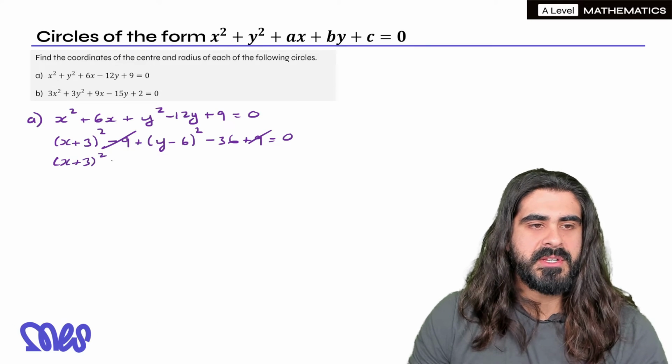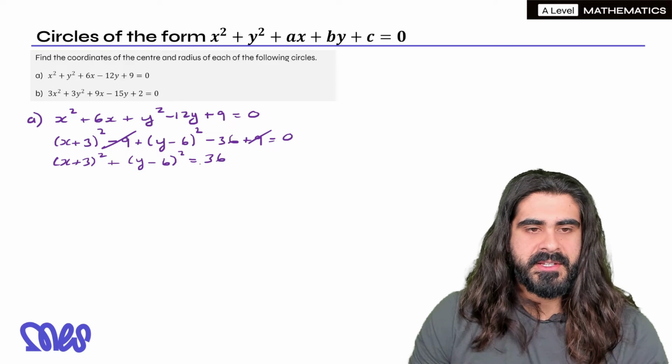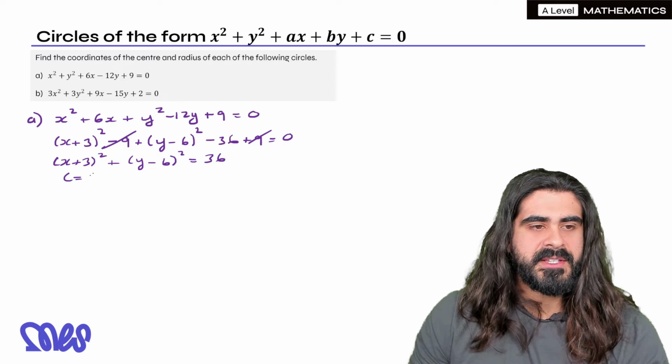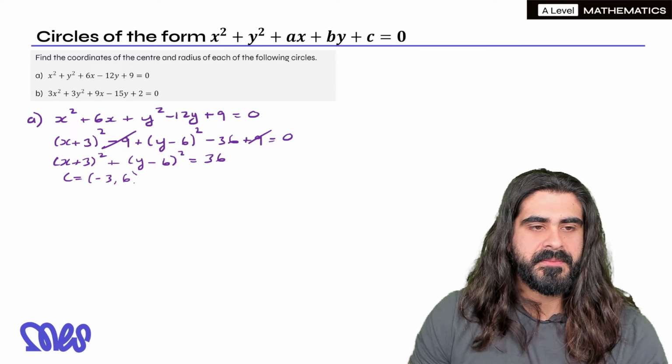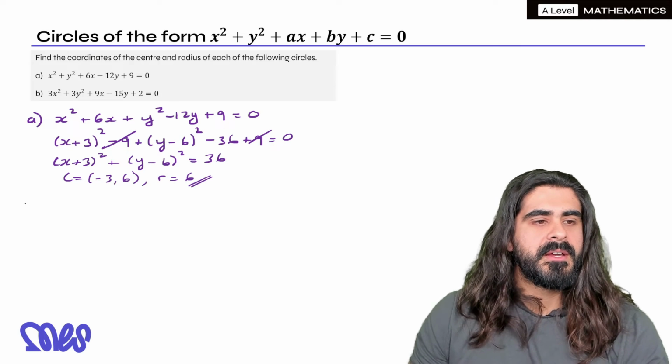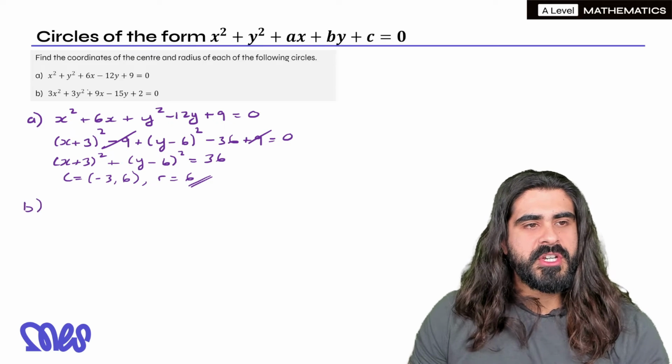So you have x plus 3 squared, y minus 6 squared is 36. So our center here is the negative, so minus 3, and the negative of this is 6. And the radius is just root 36, which is 6.